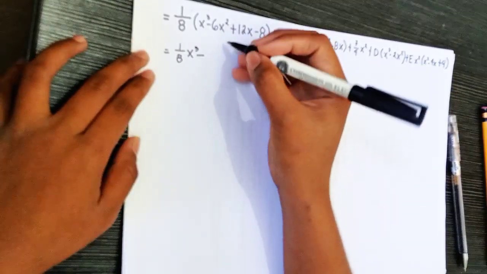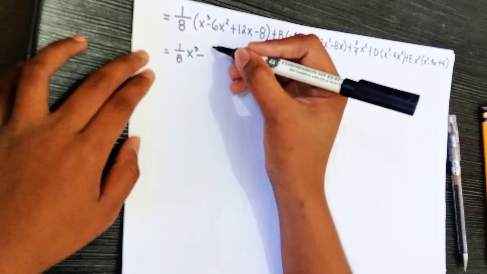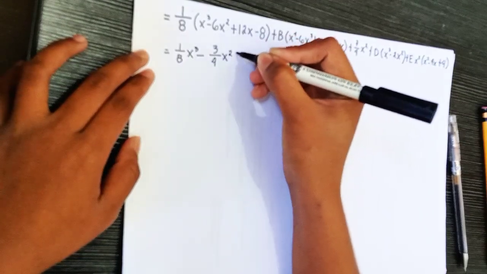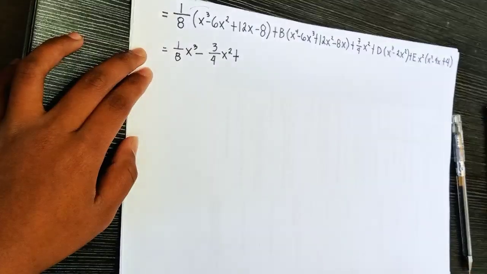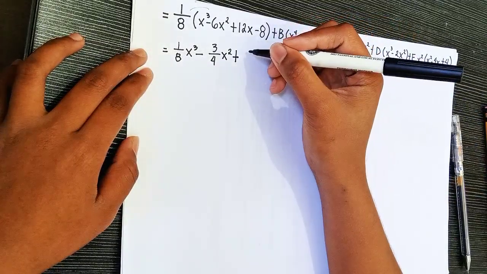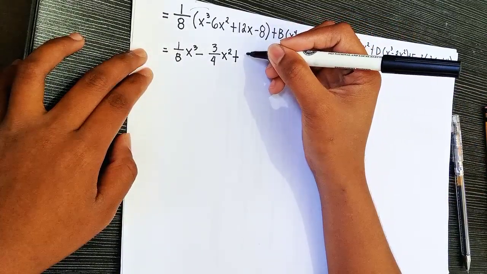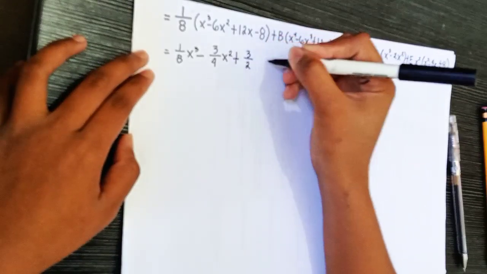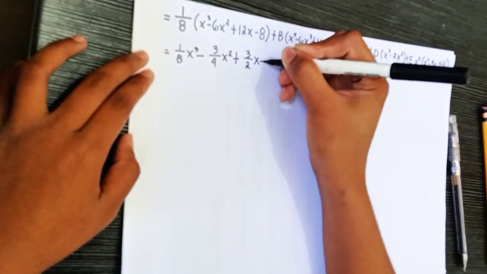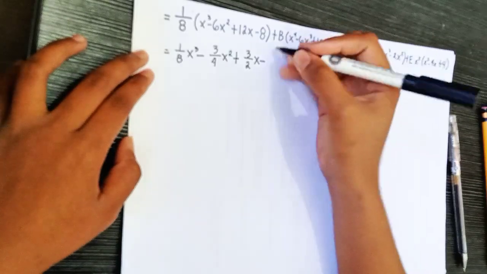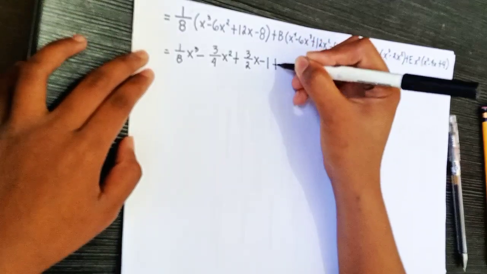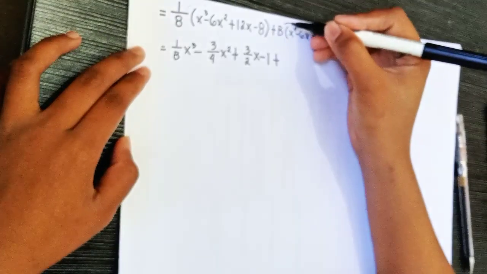We can reduce that into 3/4, then copy x squared plus 12 times 1 is 12/8, and we can also reduce that into 3/2, then copy x minus 8/8 is 1 plus distribute ulit si b.